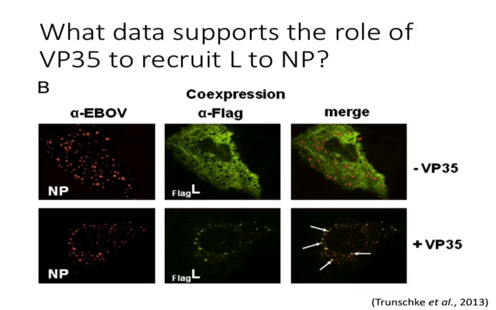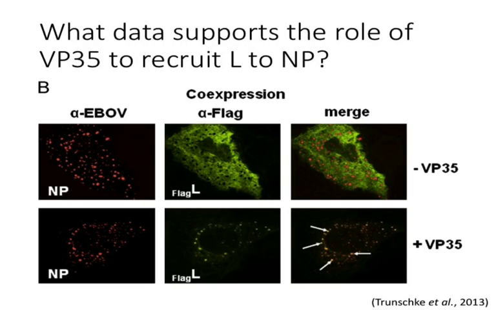But we can look at evidence to continue to support that VP35 is required for recruitment of L to these inclusion bodies. So here's another immunofluorescence. On the far left over here, we've got NP being detected with some sort of antibody that's tagged with a red marker.